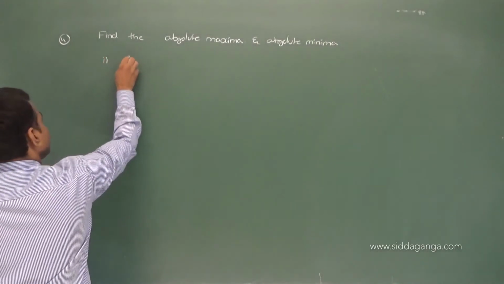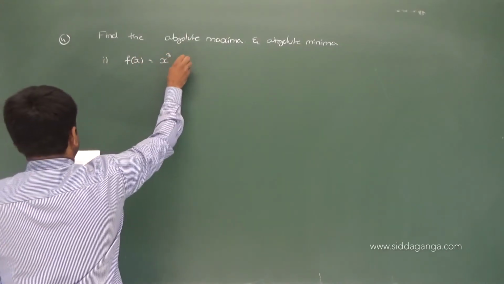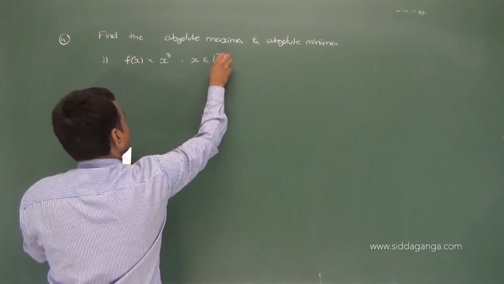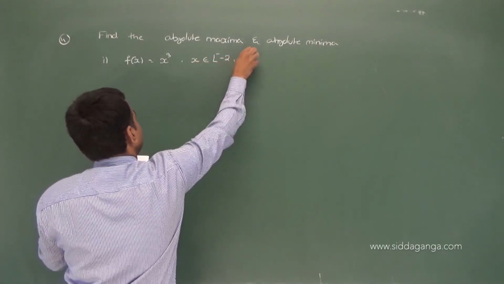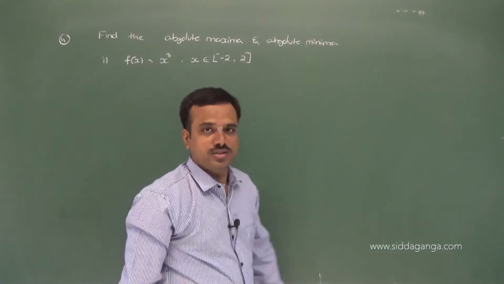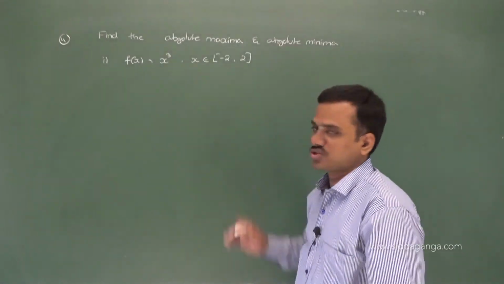First problem, f of x is equal to x cube, x belongs to the closed interval from minus 2 to 2, meaning these two points are also included. Minus 2 and plus 2 are also included. He has given a closed interval.